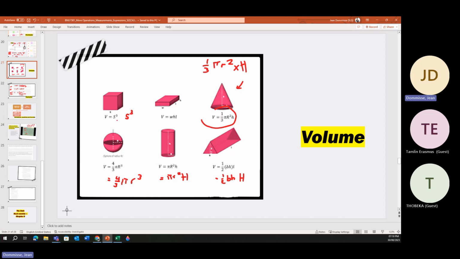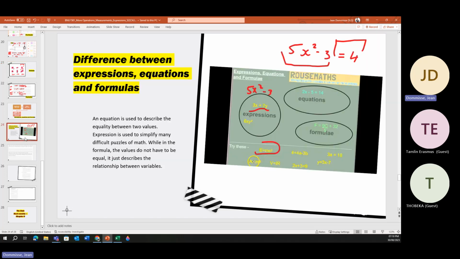We know the formula for volume is this. So that is a formula. What we would most likely do in this study unit is solve equations, because we've worked out to solve formulas, formula of volume, formula of area that we can do.